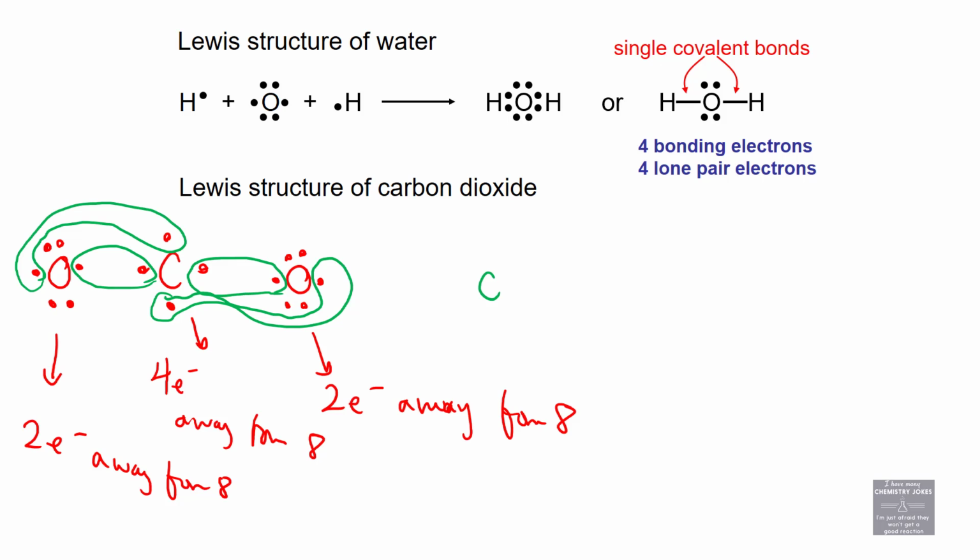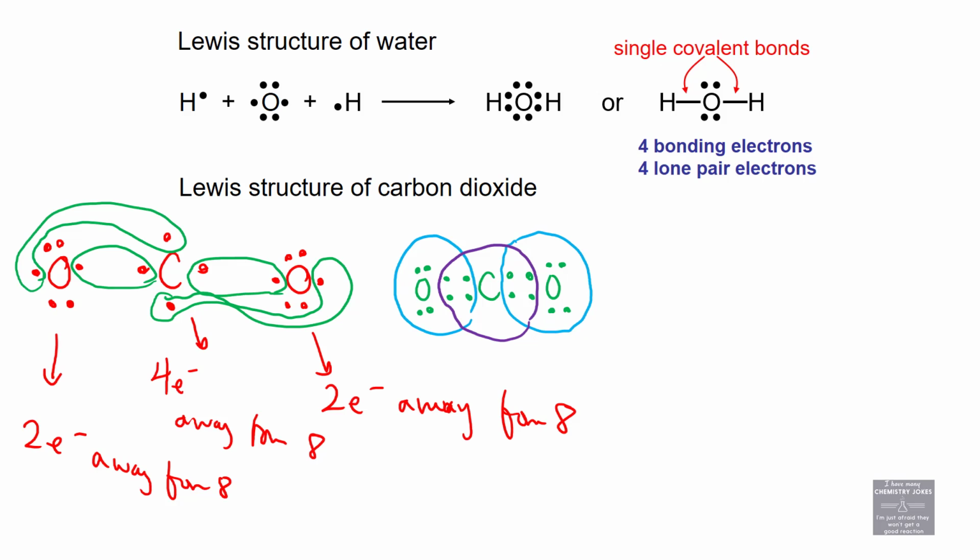I'm saying carbon and oxygen can share like this and share 4 electrons between them, like this, giving me 8 electrons in that oxygen's valence shell, and 8 electrons in this carbon's valence shell.